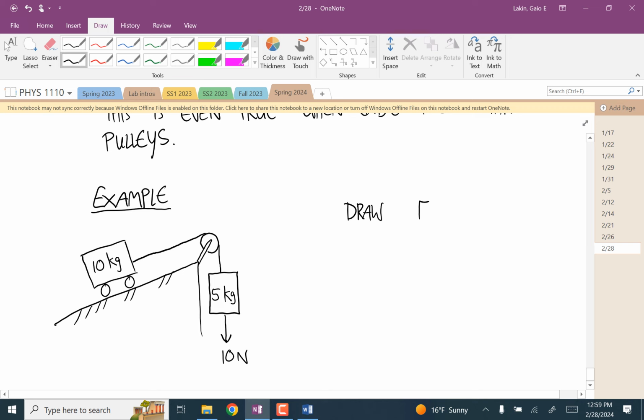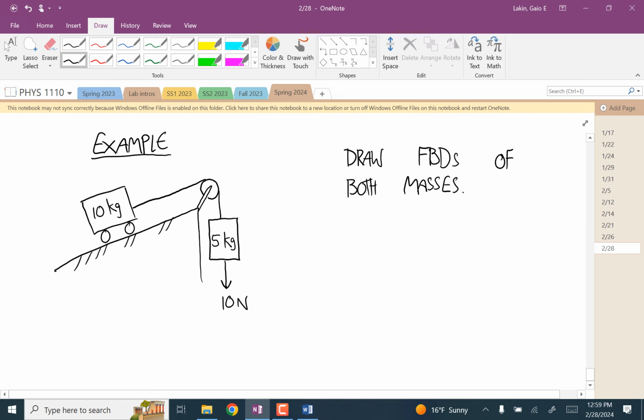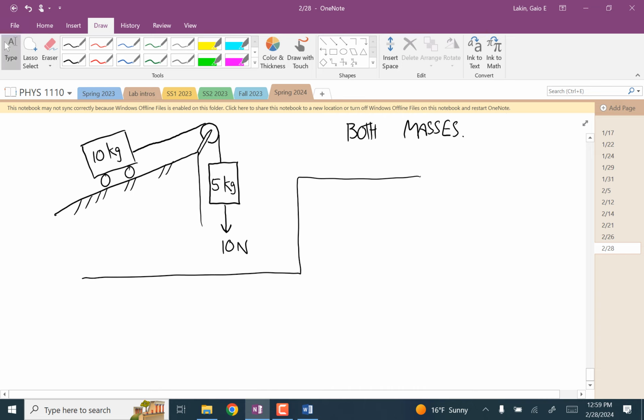So we're going to draw free body diagrams of both masses. Okay, I guess I'll start with the 5 kilogram.